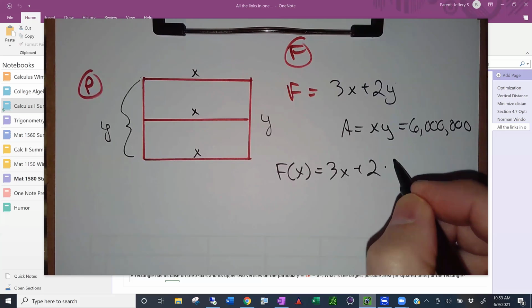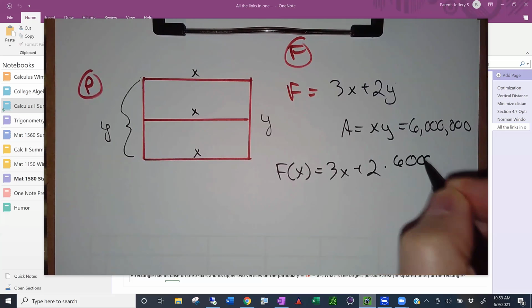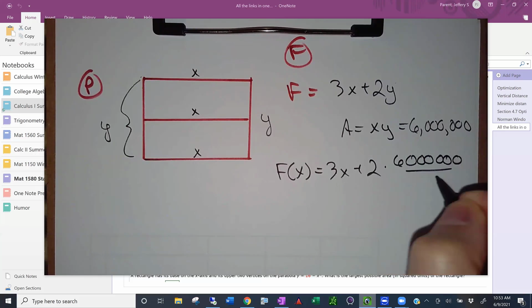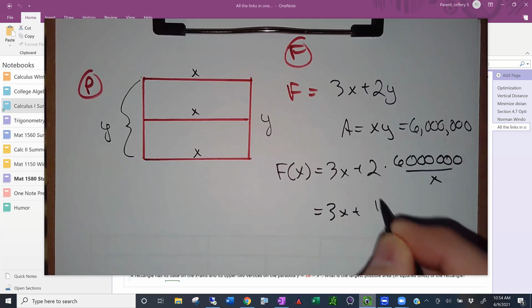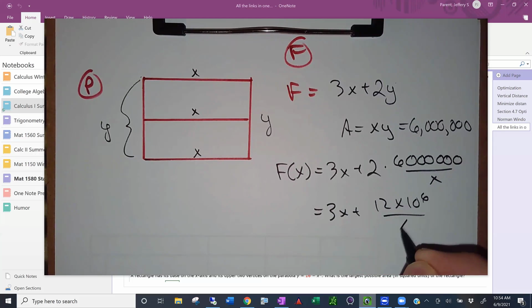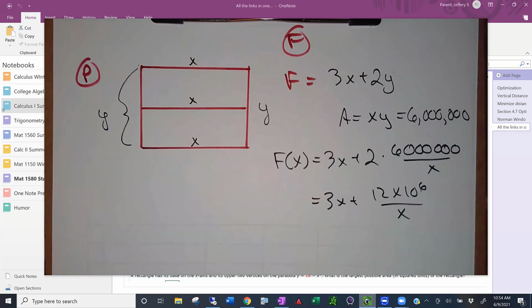So 2 times 6 million divided by x. Or in other words, 3x plus 12 million over x. Yay. That's perfect. That's exactly what I needed, because that's a function of one variable. Beautiful.